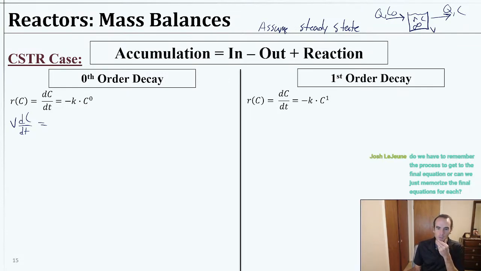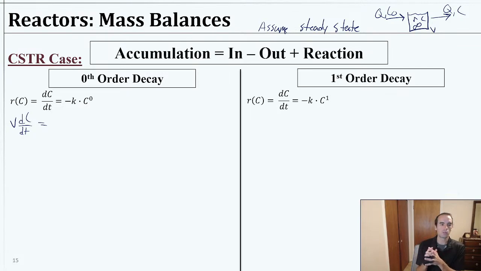So there's a question, do we have to remember the process to get to the final equation? Or just remember the final equation? That is a very common question. I'm glad you asked. I want you to know how to get there. You will do a lot better on your exams and in the work in general for this class if you understand the process to get there. If it helps you to memorize the final formulation of one of the common ones, and you'll see the formulation will change a little bit if we change something about the system, it might help you to know the common terms.